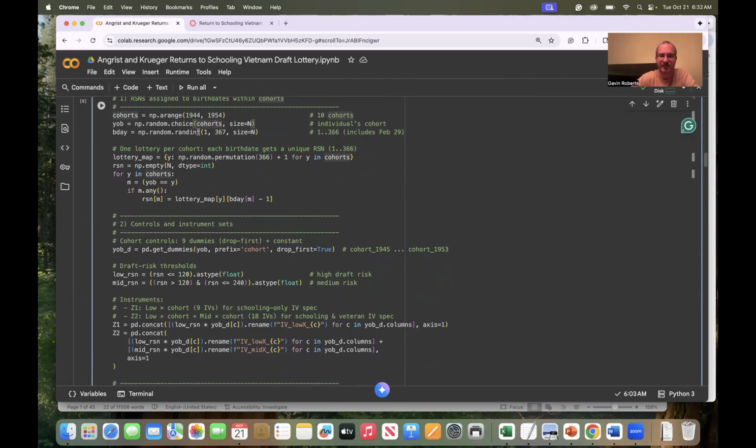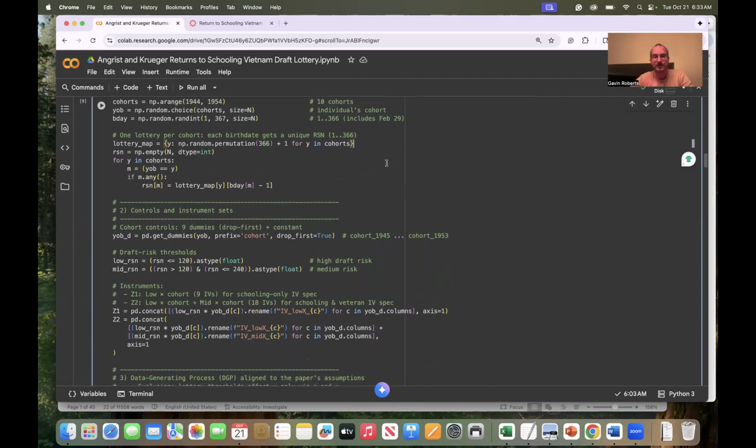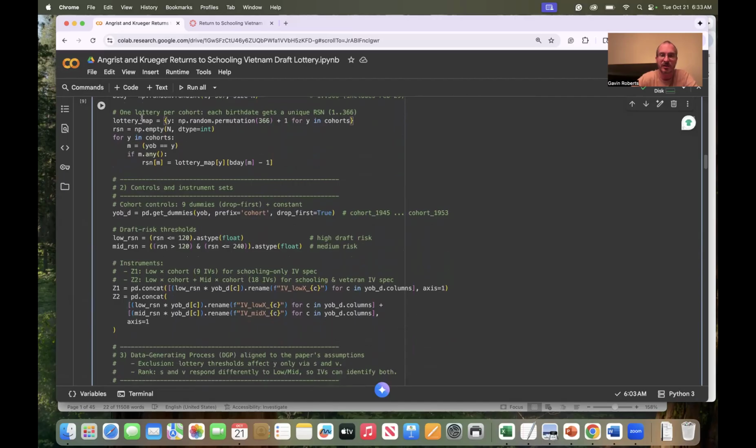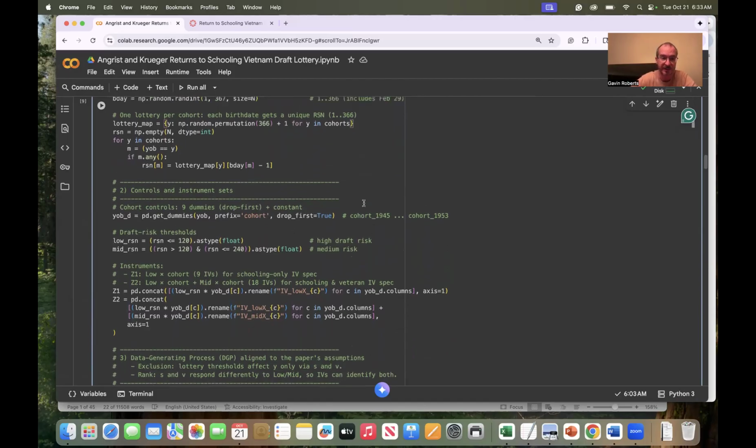Now we're going to have birthdays within cohorts, which is just 1 through 366 because we include leap years. And then one lottery per cohort, because each year basically gets its own lottery. We're going to pick numbers 1 through 366, so that is literally the lottery number, and those are chosen randomly.